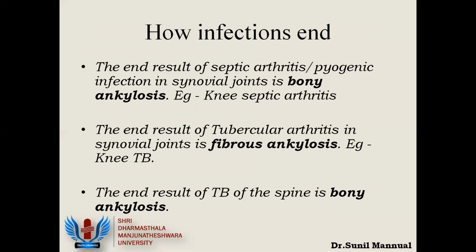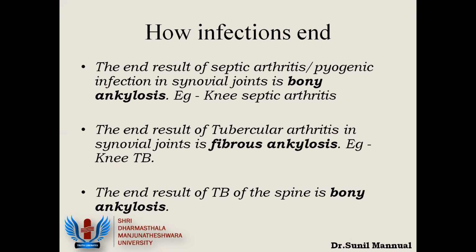However, if the same synovial joint, like knee and like hip, has a tubercular infection, then the end result is a fibrous ankylosis. That means there will be no bone-to-bone fusion. There is not going to be much movement, but it's mainly because of extra-articular fibrosis.